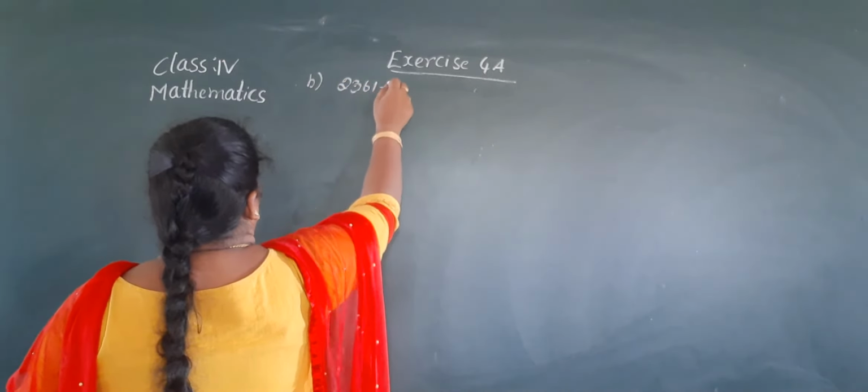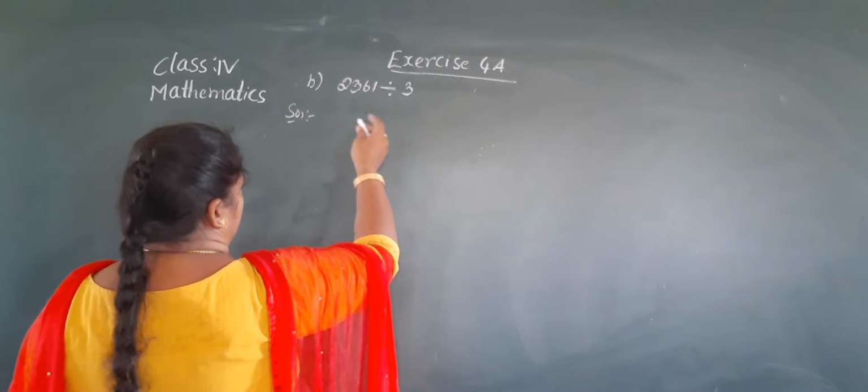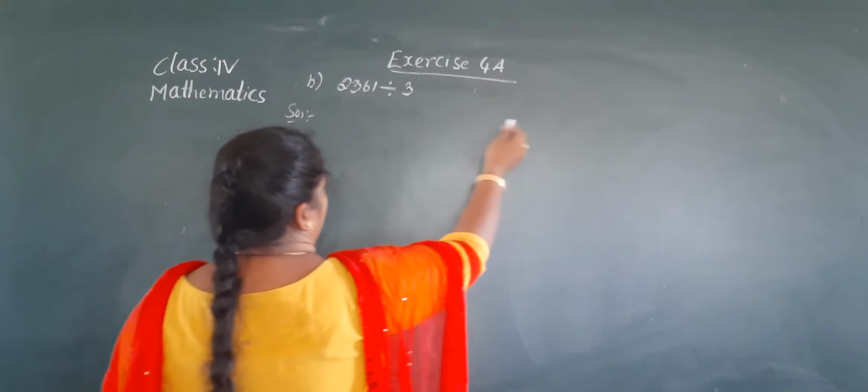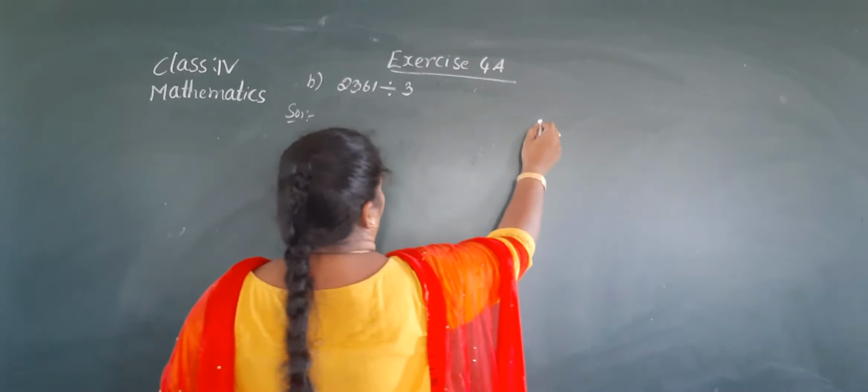Okay, so first you have to keep the numbers according to their places using the dots. This is a 4-digit number, so you write ones, tens, hundreds, thousands.